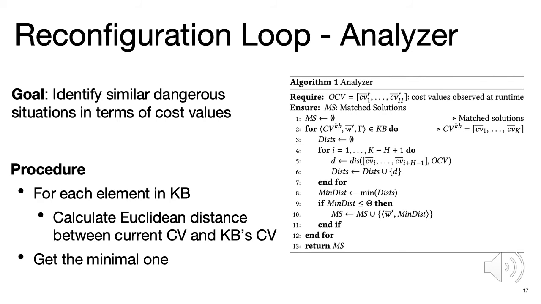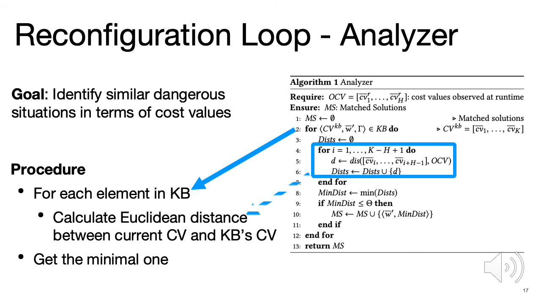As for the procedure, firstly, we take each element from the knowledge base. Then we calculate the Euclidean distance between the current cost values and the knowledge base cost values. This will answer the question of when to change the weights.